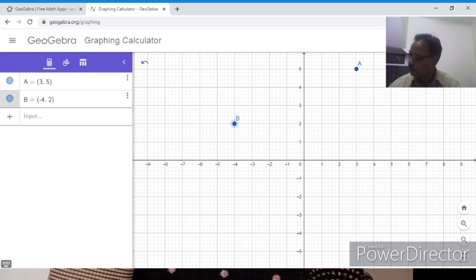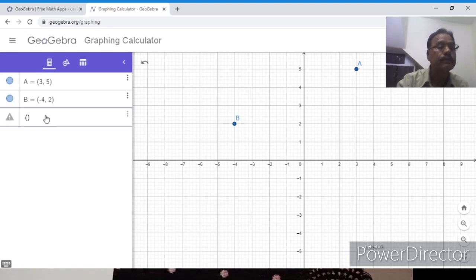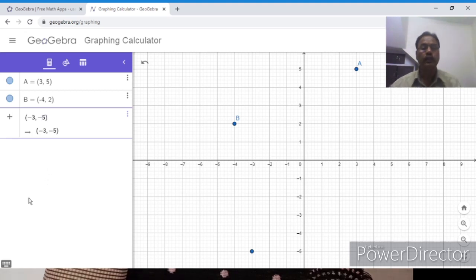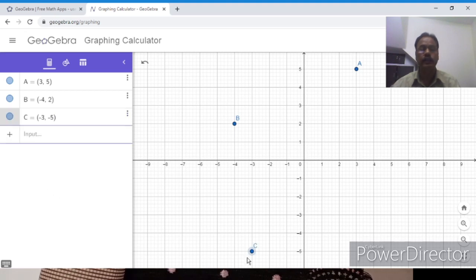And the third point was in the third quadrant. Let us see what the third point was. The third point was -3, -5. See here, it has already come in the third quadrant. This is point C. Point C is in the third quadrant.